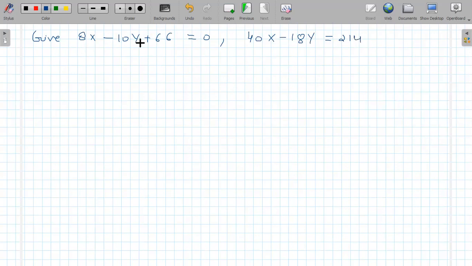So we can write this equation as y is equal to 8 upon 10 x plus 66 upon 10. And this equation can be written as x is equal to 18 upon 40 y plus 214 divided by 40.